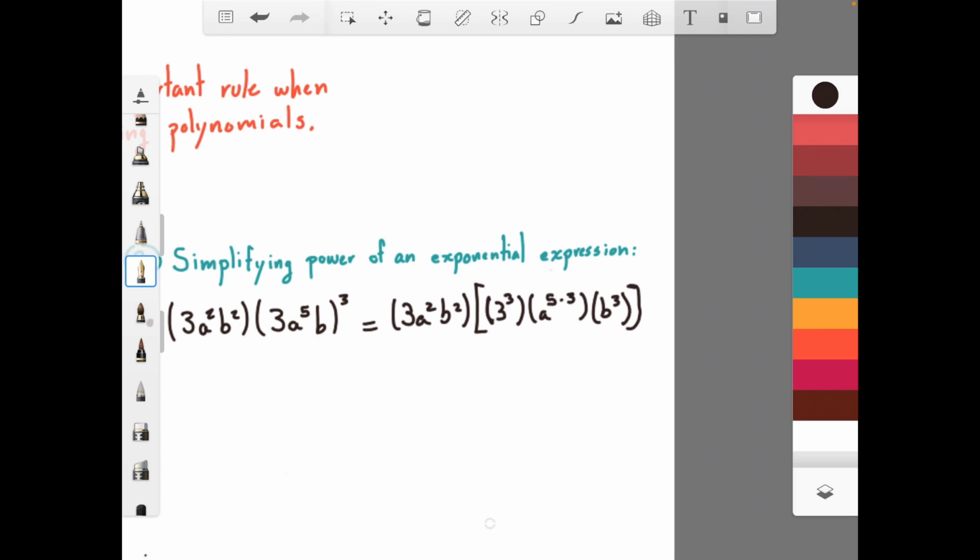Now that we have that, we can simply multiply. So you have 3a to the second power and b to the second power, all that times 3 to the third power, which is going to be 27, right? Yes, it's going to be 27. 5 times 3 is going to be 15, and b to the third power.